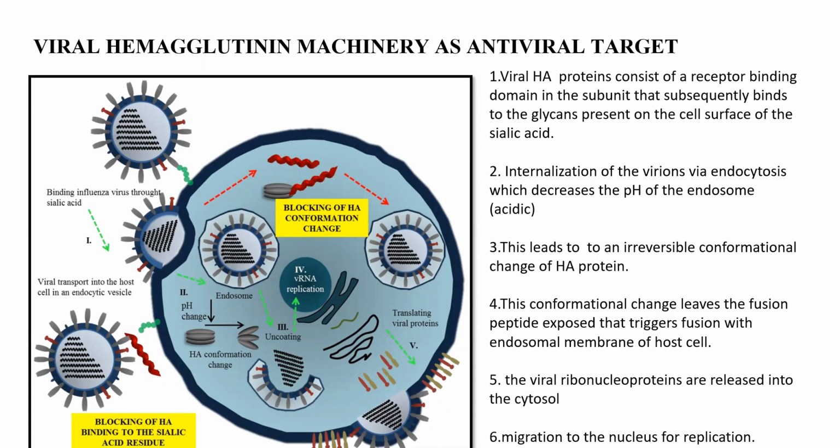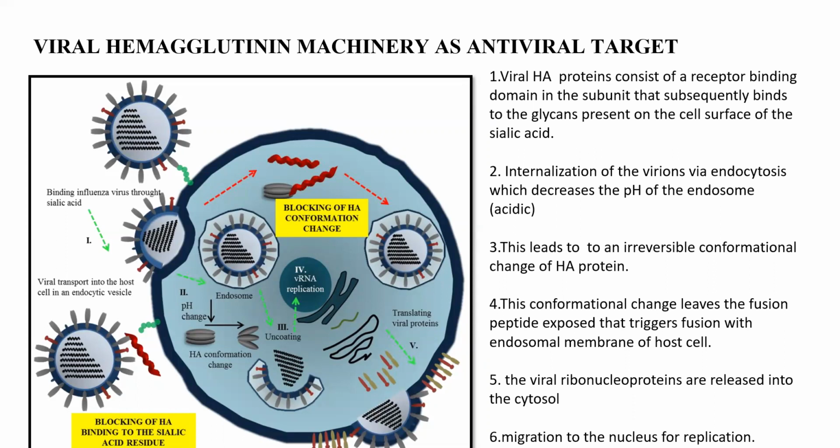So this is the turning point, or this can be marked as the climax, which leads to the subsequent effect, the repercussions caused by the virions, which tends to lead to the final replication, because this particular acidic environment could lead to the irreversible conformational change of the HA protein.